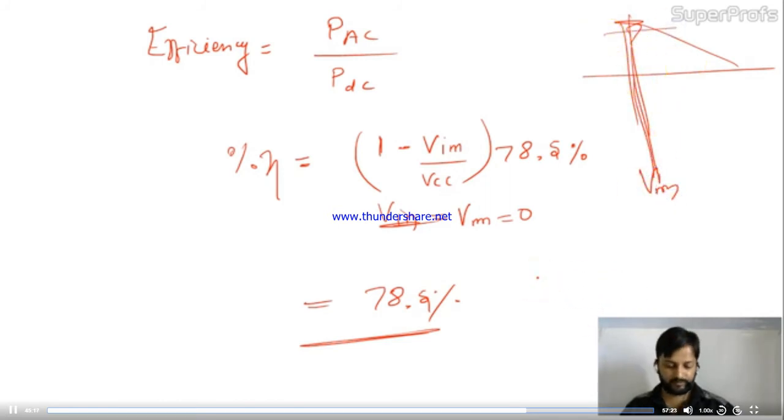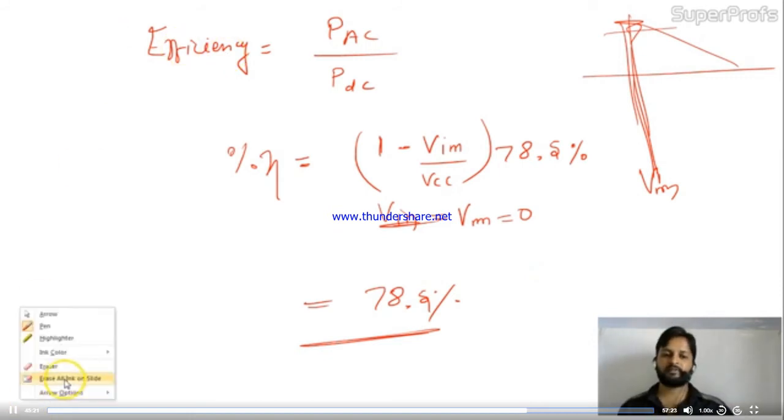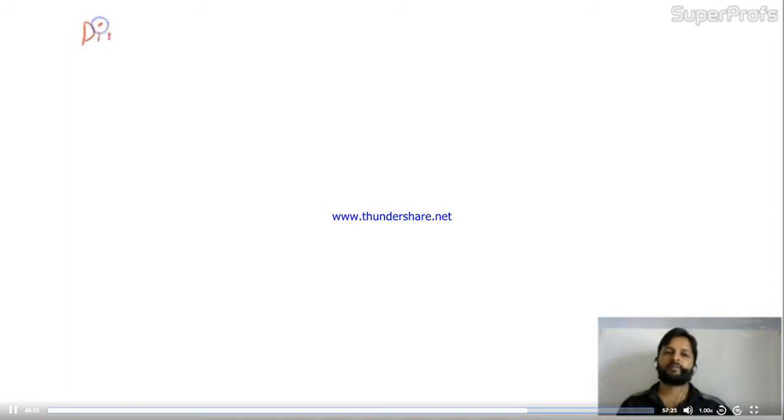Okay friends. So till now we have seen the transformer direct coupled circuit. In the direct coupled, the maximum efficiency was 25%. This was class A amplifier.